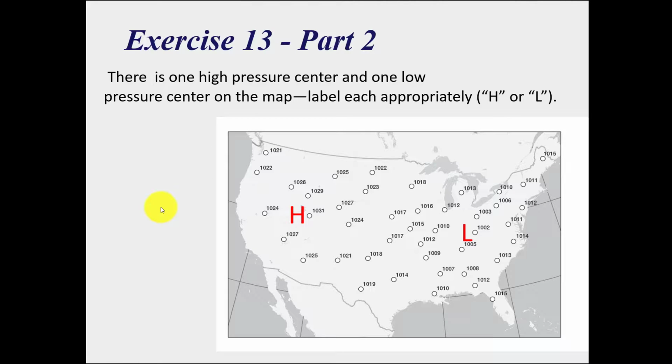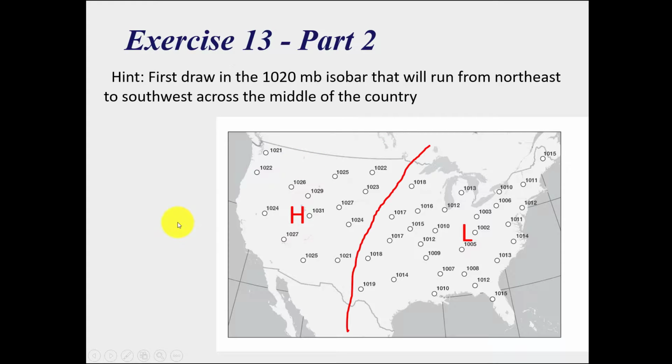Find the areas of high and low pressure by looking at the numbers, and this is exercise 13 part 2. It will show you the station model with just a number in the upper right hand corner, and these are your millibars of pressure. Just look around on the map, and put in your H and your L where you think the center of the highs and the lows is.